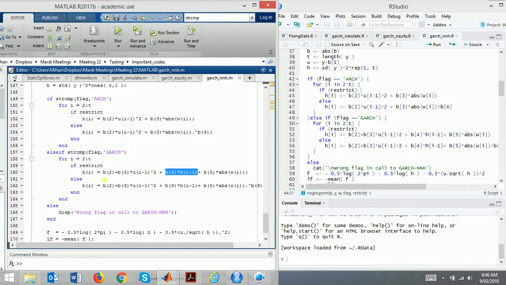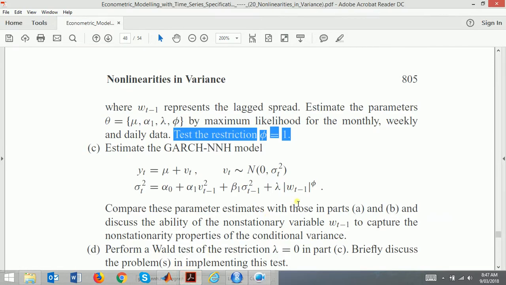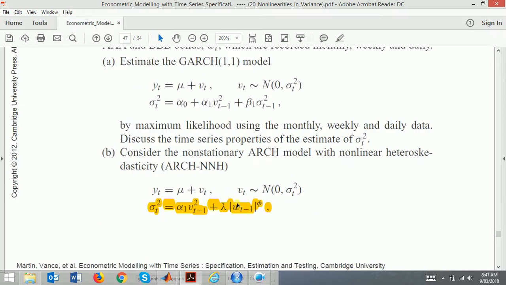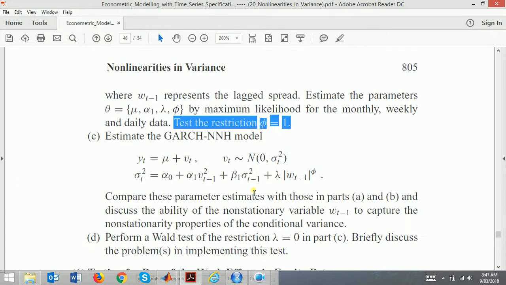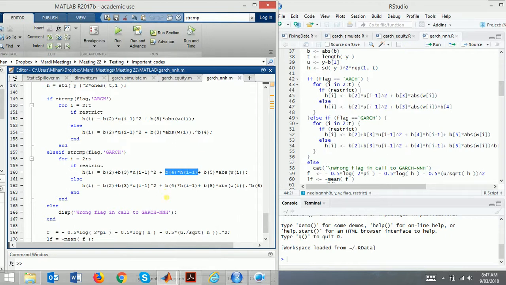So what else? Yeah, we have the intercept here for GARCH that was missing, and because this is the GARCH model, alpha naught is here as well as alpha 1 beta 1, everything is actually the equation increases h.